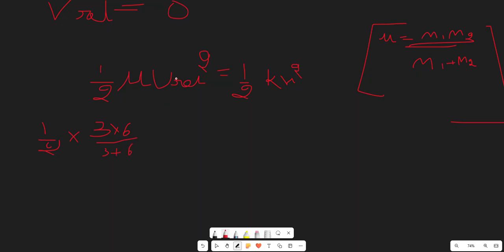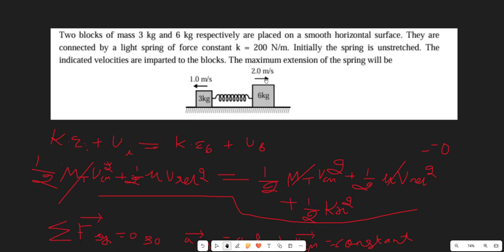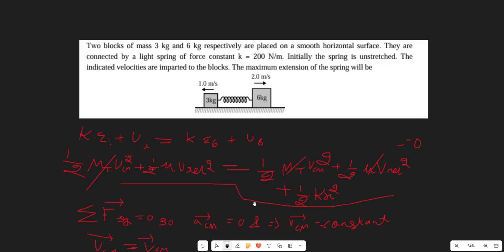The u relative square will be equal to this: this block has a velocity of 2 meter per second and this block has a velocity of 1 meter per second. So we will add the velocities, since the directions are opposite. So 2 meter per second plus 1 meter per second, 3 meter per second will be the u relative.